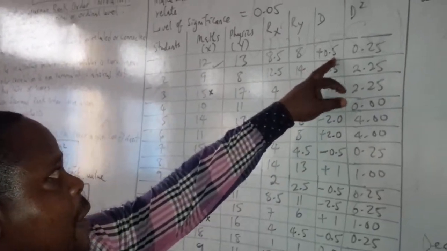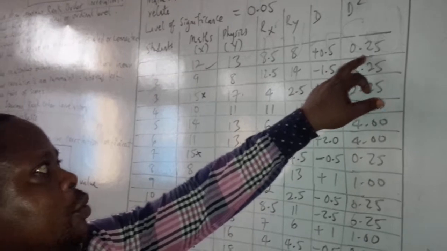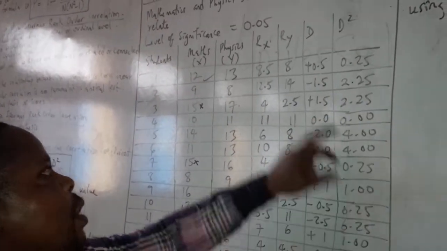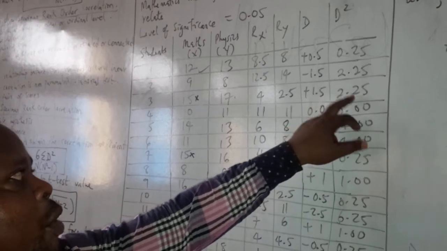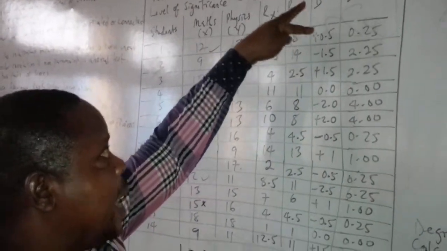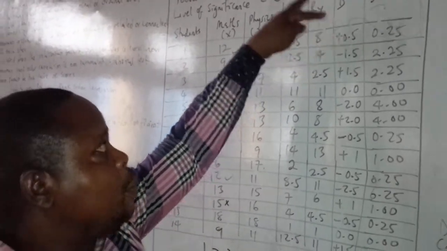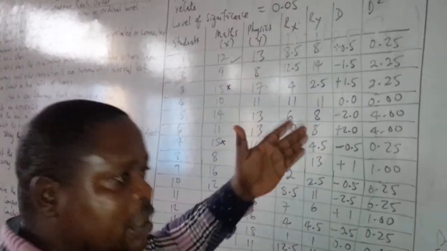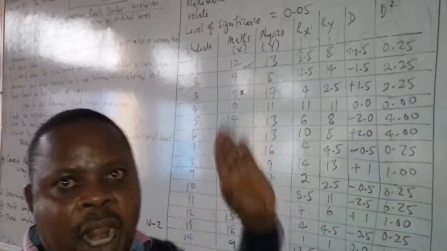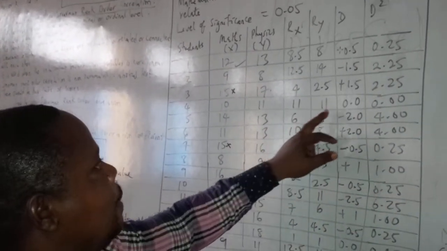And so 0.5 squared will give you 0.25. 1.5 squared will give you 2.25. And 1.5 squared will give you 2.25. Now when you square a score, that is, multiply it by itself, the positive and negative signs disappear.